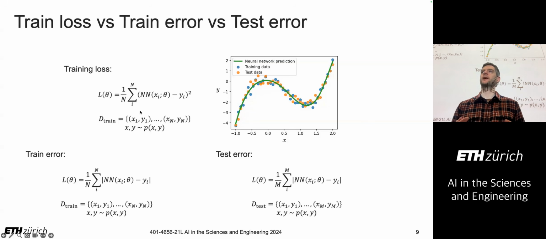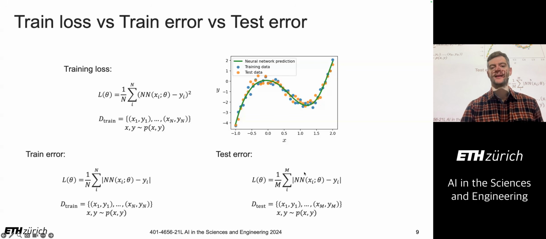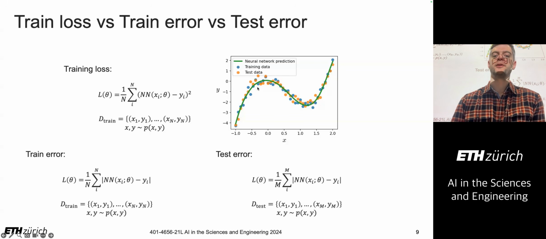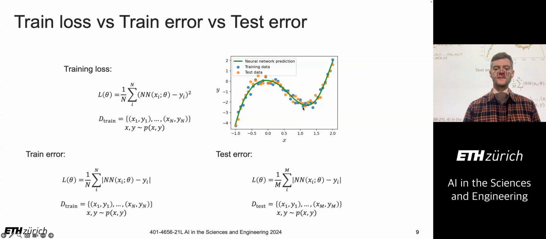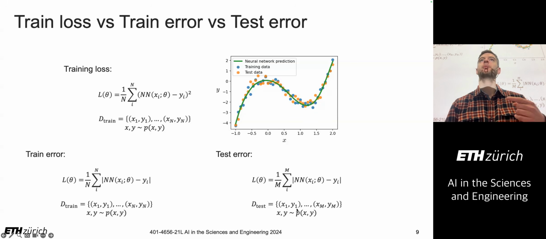But then once we've trained the network and we want to test its performance, we don't usually use the same data set to test it. What we really should do is use a test data set to validate the network's performance. This is different in that we don't use the same data points to test the network. We sample new unseen examples that the network hasn't been trained on. So we create a test data set here, and typically those samples are sampled from the same underlying distribution.